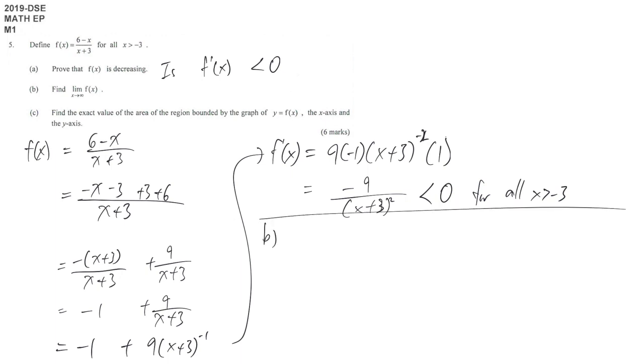And then part B, we have to get the limit as x tends to infinity of f x. And another advantage of this format is it separates the constant term not affected by x and the part that is affected by x. So it's much easier than the original where both sides have x. So I use this format to evaluate f x.